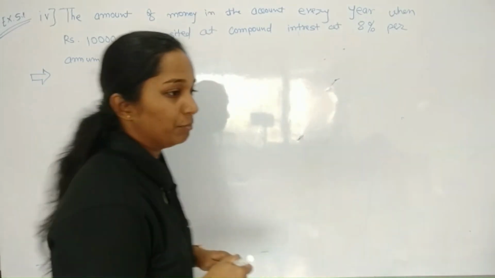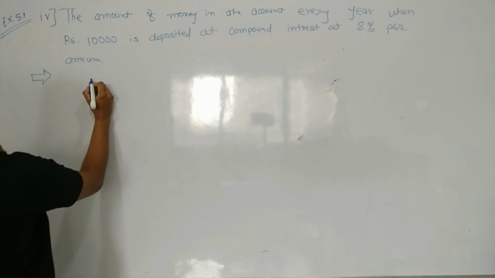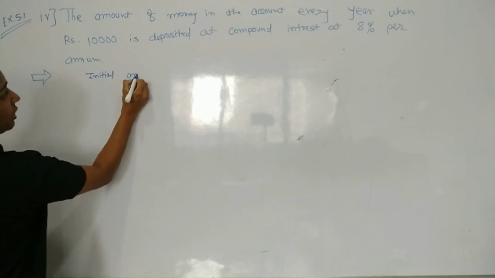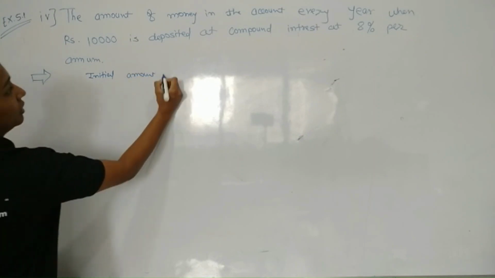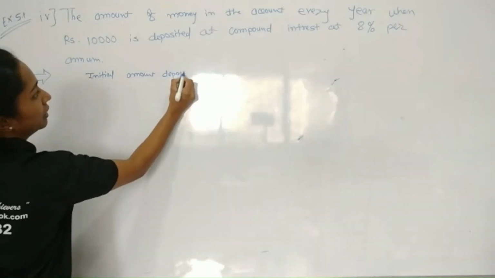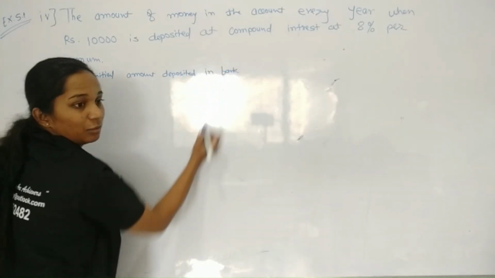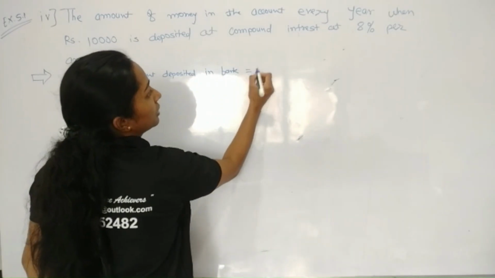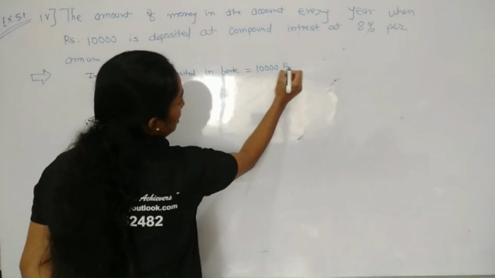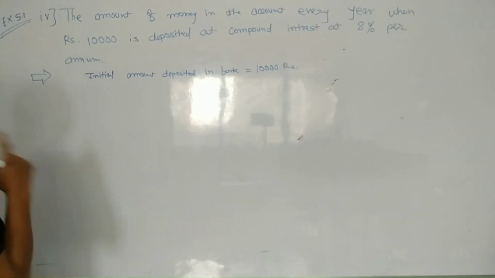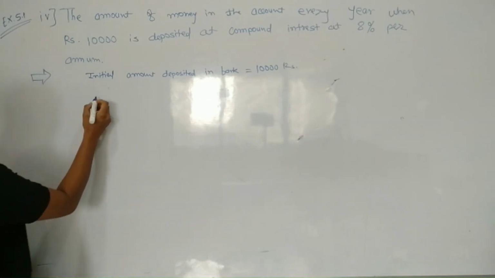So let's see. Our initial amount deposited in the bank is our first term, and that is 10,000 rupees. Okay, so 8% compound interest will be applicable.